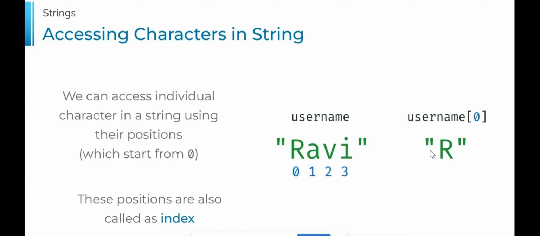Here we can see the index of R is 0, index of A is 1, index of V is 2, index of I is 3. If you want to access a character, write the username followed by the index value in square brackets. If the index value is 0, the output is R. Let us see examples.